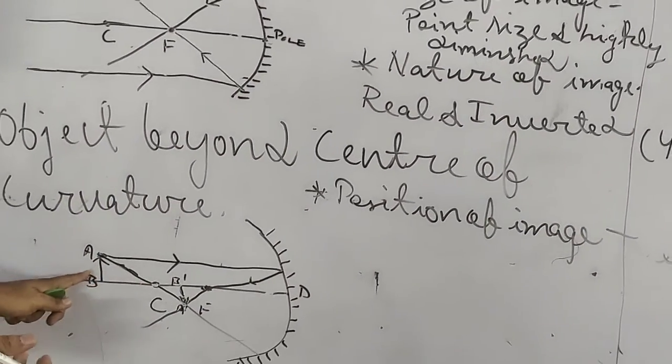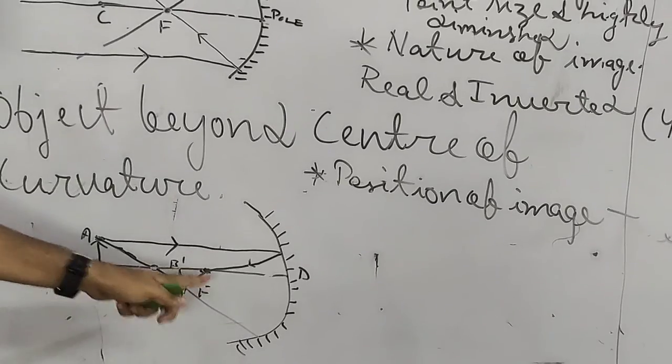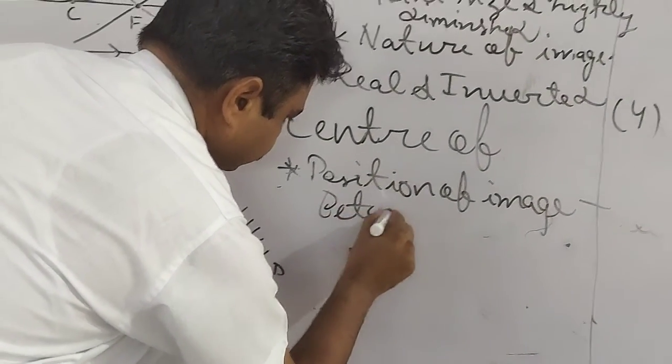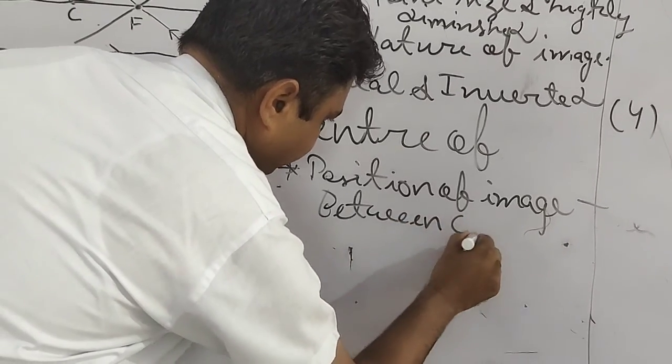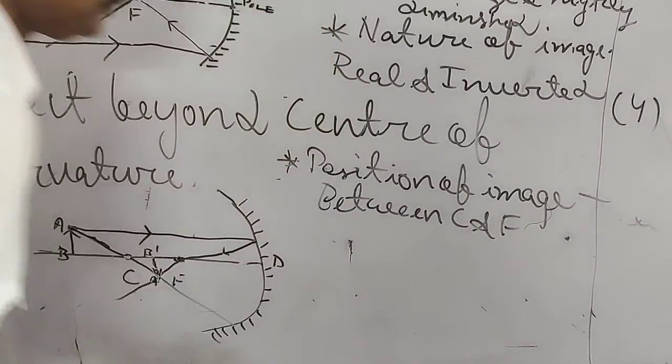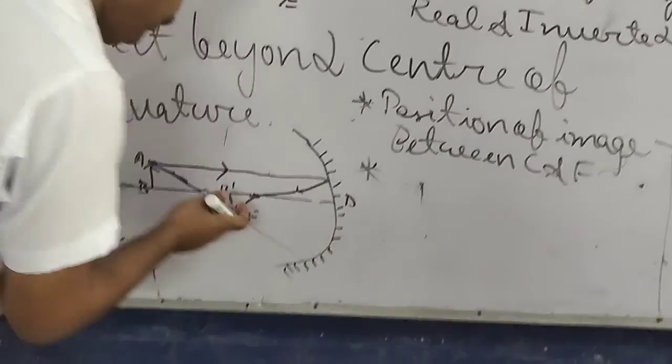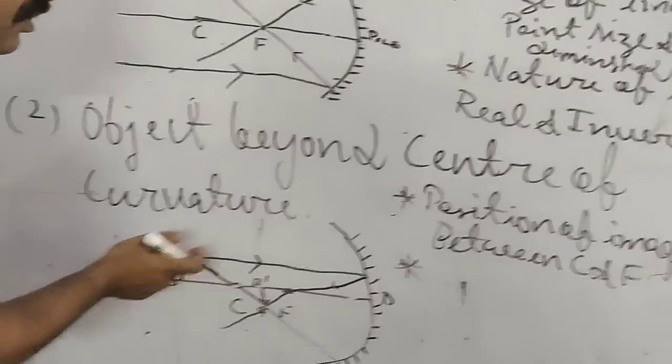The position of the image here is in between C and F. What is the size of the image? You can tell me, it is smaller than the object.